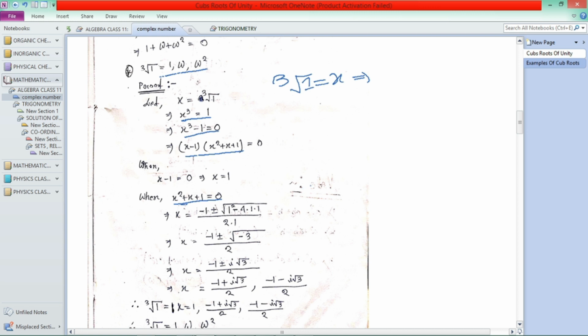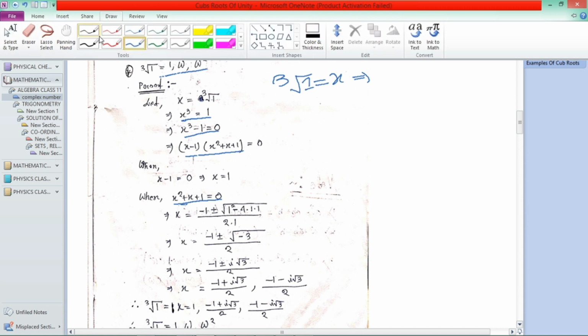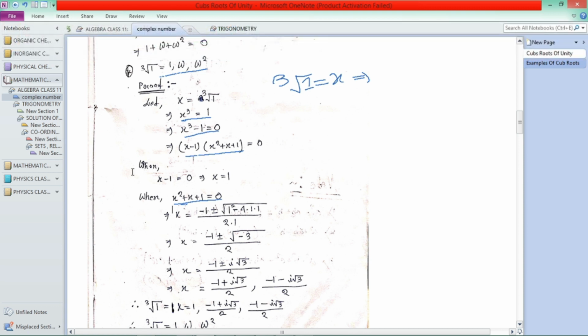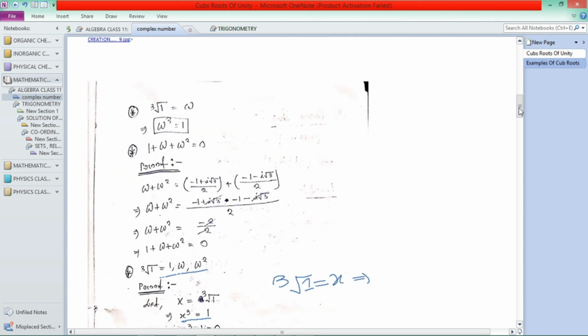I assume that you will understand this calculation. So the cube root of 1 equals 1, minus 1 plus i root 3 by 2, minus 1 minus i root 3 by 2. So the cube root of 1 has 3 values, and this is the proof.